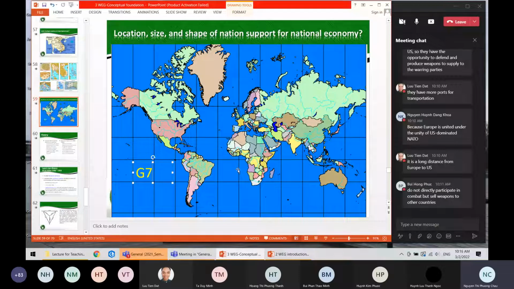And you see, weapons are very dangerous products, right? They can destroy an area on a large scale. That's very dangerous and very risky.